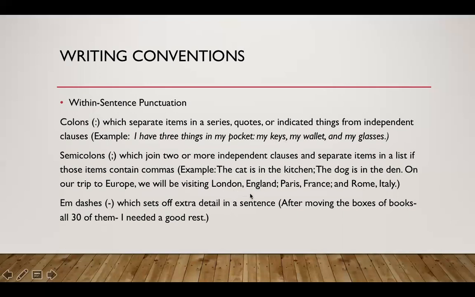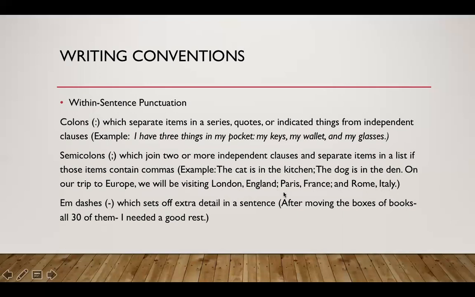However, London, England is one unit together that's separated by a comma. So when you're talking about London, England, you must use a semicolon because then it goes on to Paris, France, which is together and separated by a comma, then semicolon, and Rome, Italy.